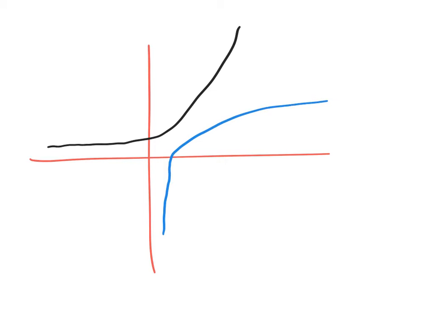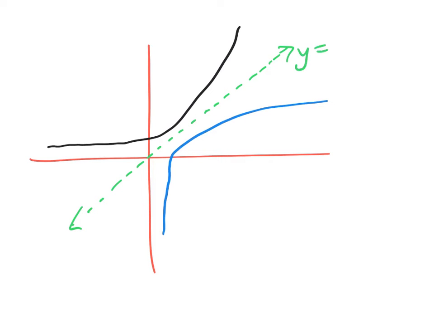Go off to the side and make this. This is the key thing for understanding today's. That's an exponential. That's a log graph. And they are a reflection of each other across the line. Who remembers what that line is?